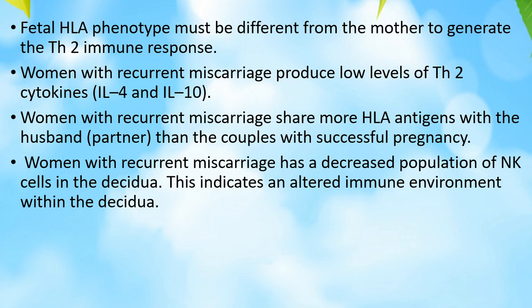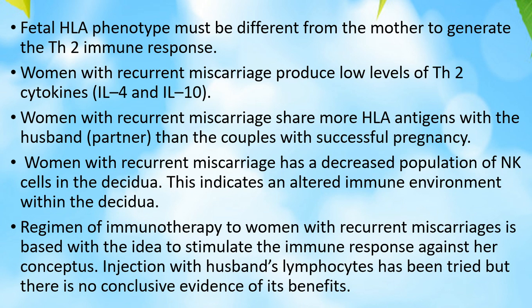This indicates an altered immune environment within the decidua. The regimen of immunotherapy for women with recurrent miscarriage is based on the idea of stimulating the immune response against her conceptus, and injection with the husband's lymphocytes has been tried, but there is no conclusive evidence of its benefit.